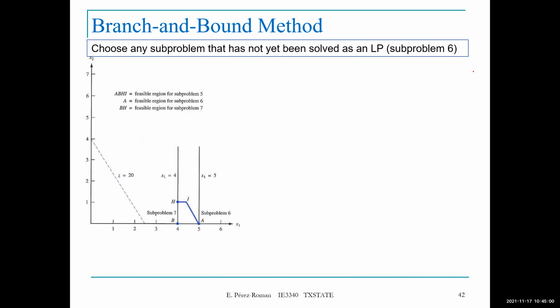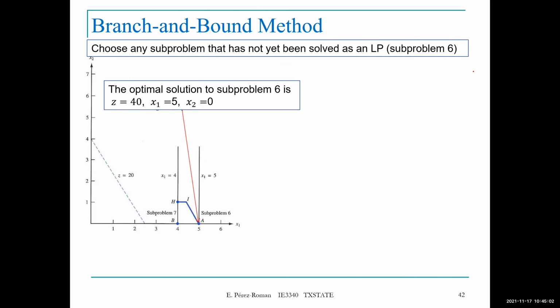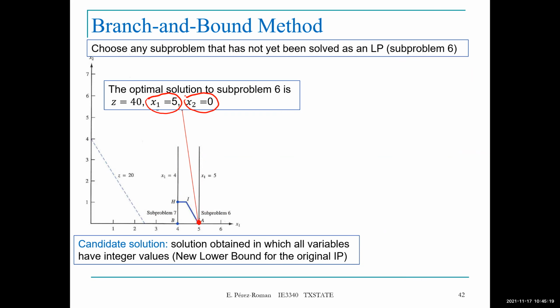Choose any subproblem that has not yet been solved. We have subproblem 6. And again, that problem has just 1 point. So that will be the optimal solution for that subproblem. And again, we are able to find another integer solution. So that's also a candidate solution for our problem.